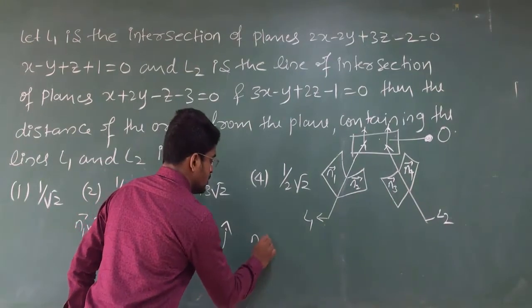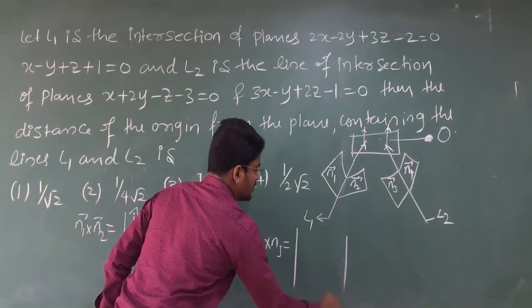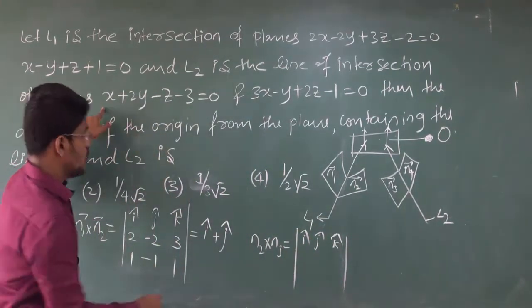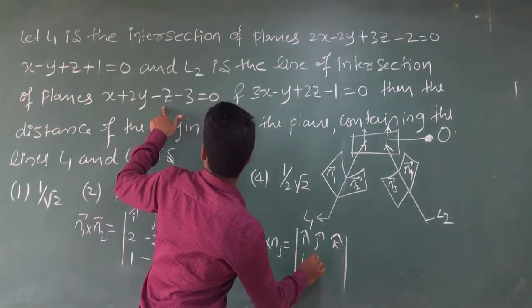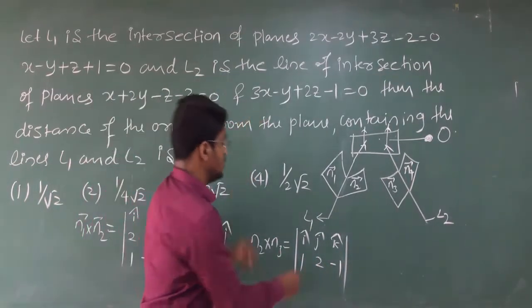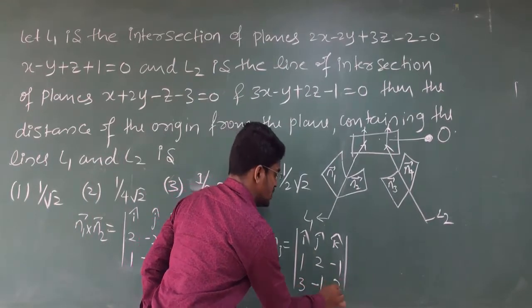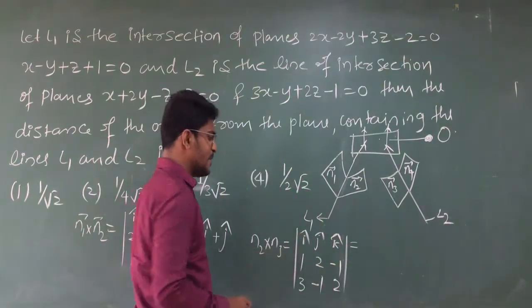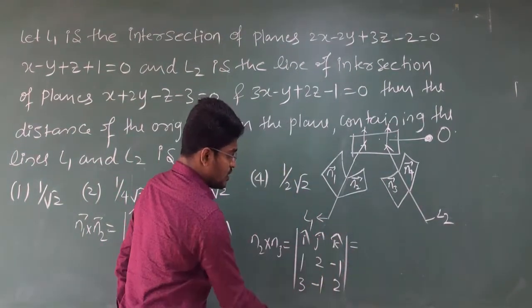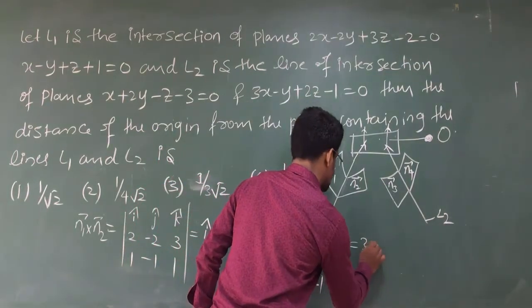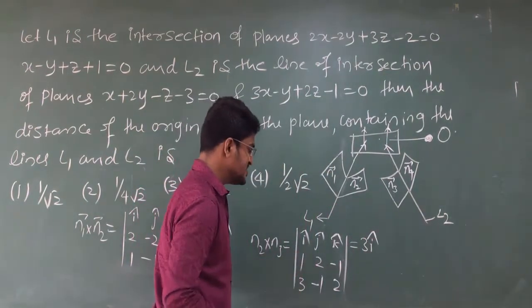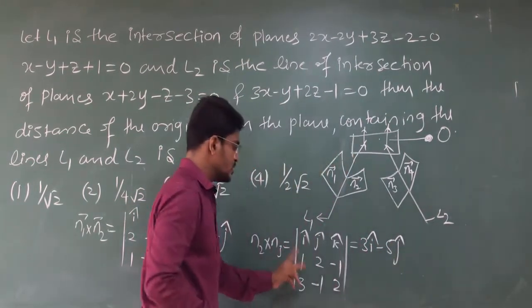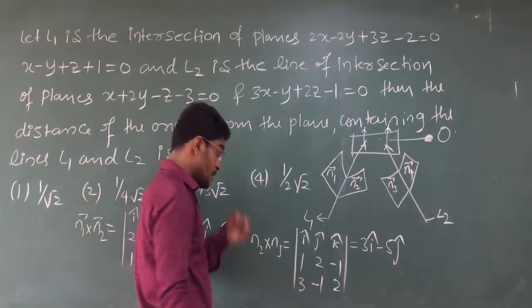Next, n2 cross n3 will again be i cap, j cap, k cap. n2 is (1, −1, 1), n3 is (2, −1, 3)... 3, −1, 2. This will be equal to i cap into (4 − 1), that is 3 i cap, minus j cap into (2 + 3), that is 5 j cap.